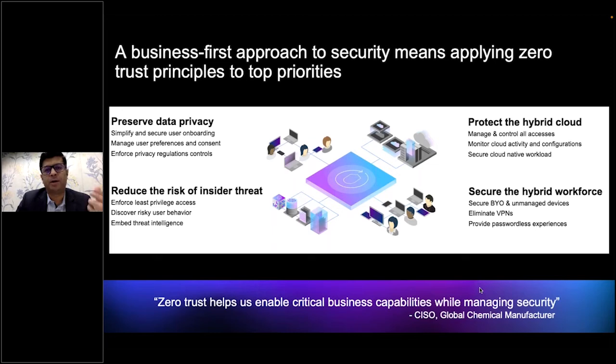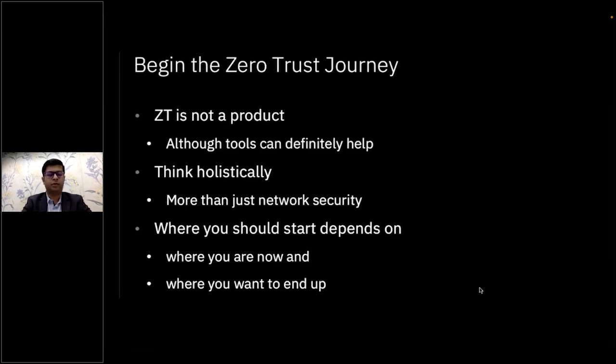in terms of the priorities that organizations are going for as part of zero trust adoption. Now, if I have to just summarize, if you have to begin the zero trust journey, I'll just quickly summarize what we discussed: zero trust is not a product, but definitely you need the tools that can help, right?